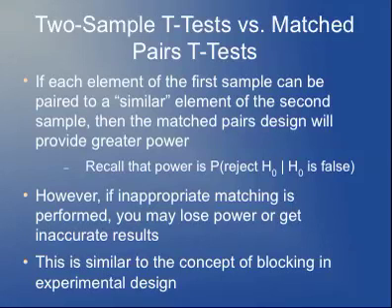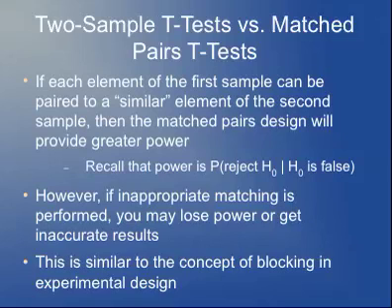But if you do inappropriate matching, you can lose power or get inaccurate results. Likewise, if you use an unpaired test when you should be using the paired test, in theory, the unpaired test would give you invalid results because you're assuming the observations are independent when they're actually not.